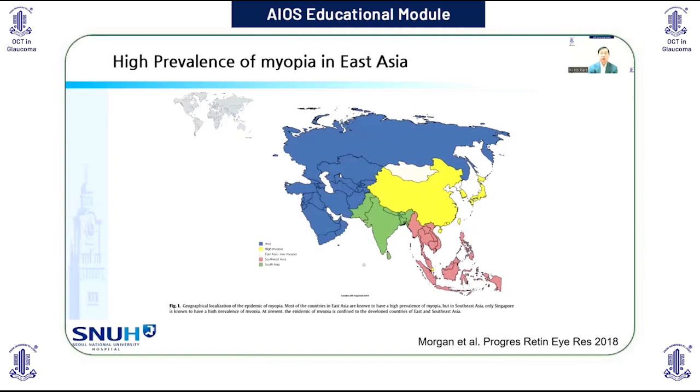Let me share some cases with myopic eyes, and how to detect myopic glaucoma in OCT. In East Asia, the prevalence of myopia is very high, as you can see in this yellow area: China, Korea, Japan, Taiwan, and Singapore.